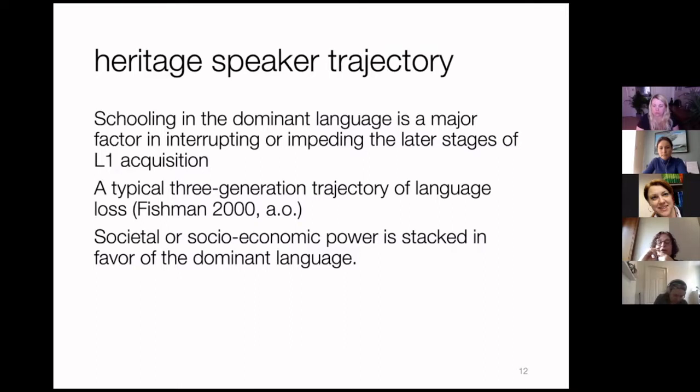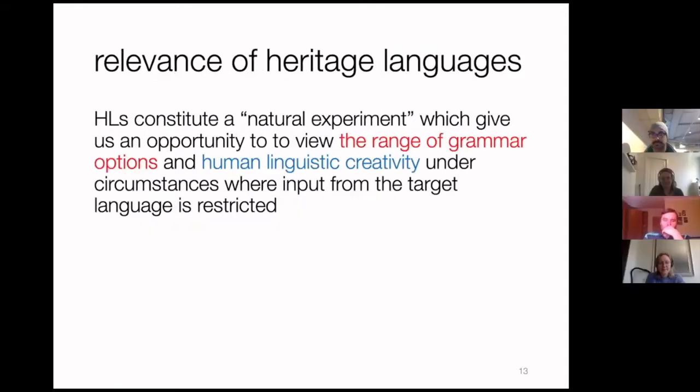And it's clear that a lot of societal power is stacked in favor of the dominant language. So we see the flattening of this trajectory, sometimes to a 2-generation trajectory of language loss. What we want to say is that heritage languages are relevant for linguists because this is a natural experiment which gives us an opportunity to see the range of grammar options and also to explore linguistic creativity where the input is restricted.